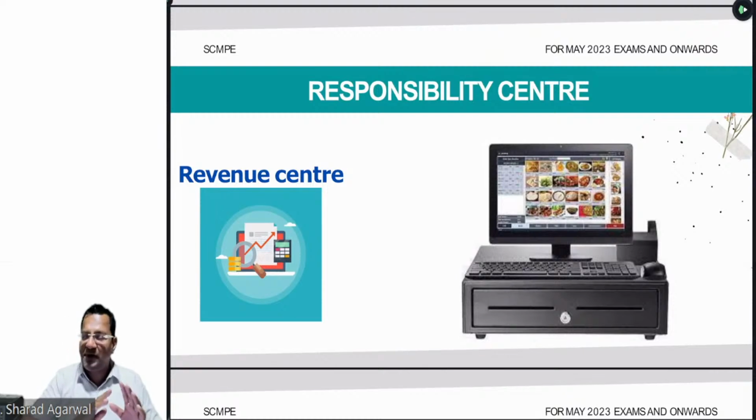That is their only job. They have nothing to do with the cost incurred in the local municipal body. Their whole purpose, their bonus, will be decided by how much collection they have made against the target revenue decided by the local municipal body. You can take that as a practical example of a revenue center. We are responsible only and only to collect the taxes on behalf of the local municipal body. So such a department or group of team will be considered as a revenue center in the local municipal body.